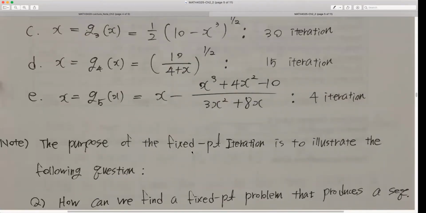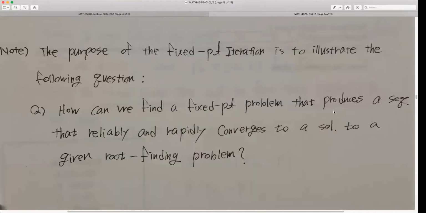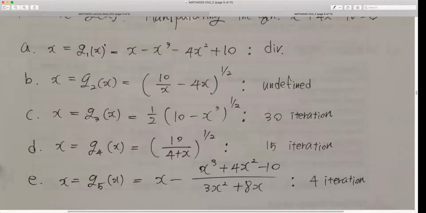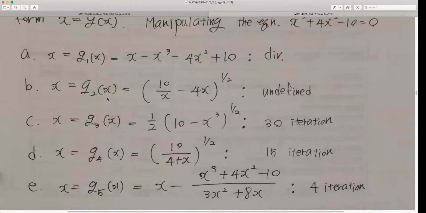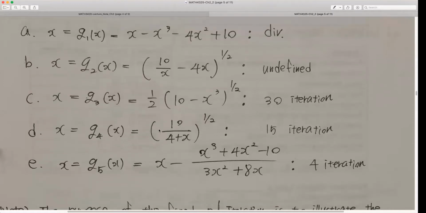So the purpose of the fixed point iteration is to illustrate the following question. How can you find a fixed point problem that produces a sequence that reliably and rapidly converges to a solution to a given root finding problem? You see, in this example there are 5 choices. Do we have to find all possible ways to define g of x, run these problems, try each, and then figure out which one is best?